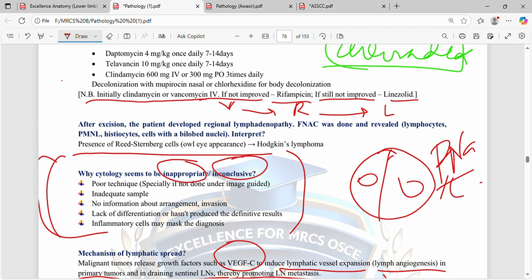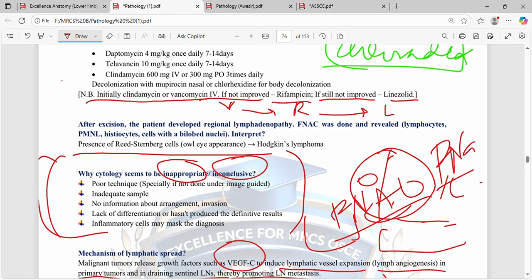If you take an inadequate sample, or there is no information about the background cells, the result can be masked by infiltration of inflammatory cells. So always the superior option is a biopsy, an excisional biopsy.